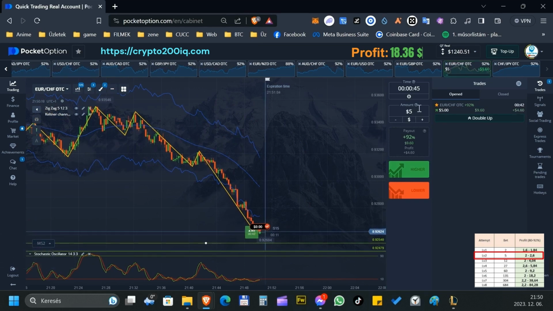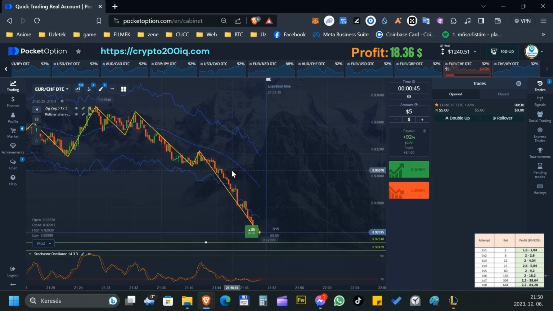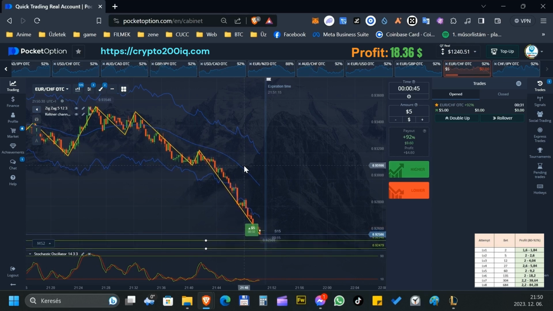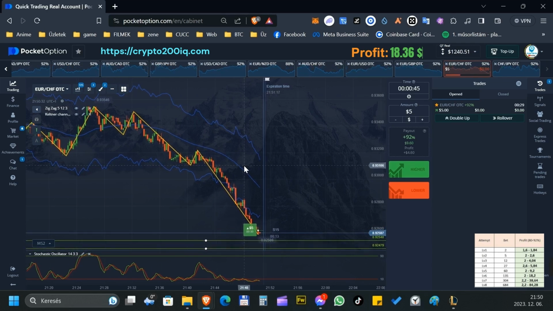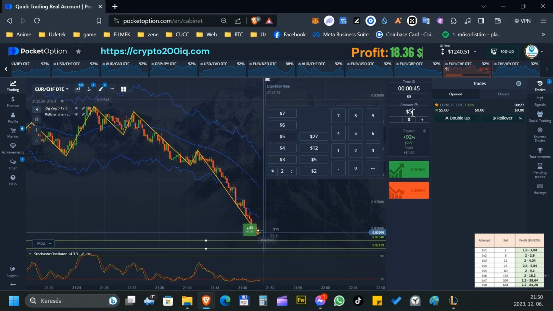And we lost, so we bet with the next stake. And we prepare for the next stake.